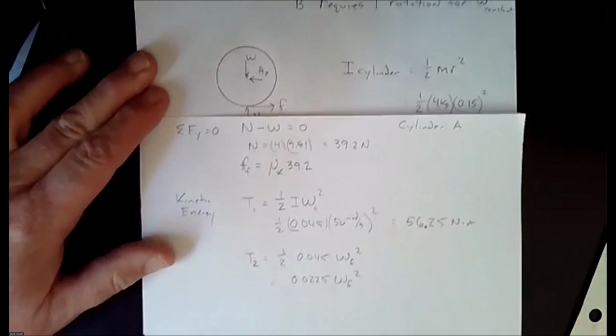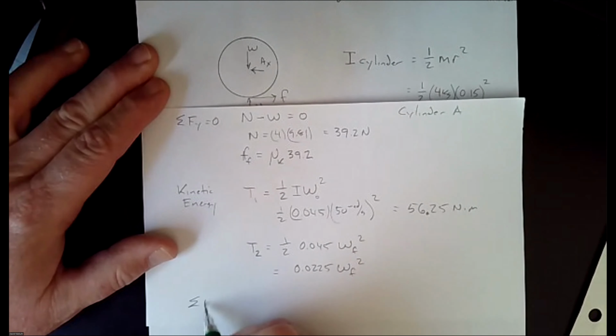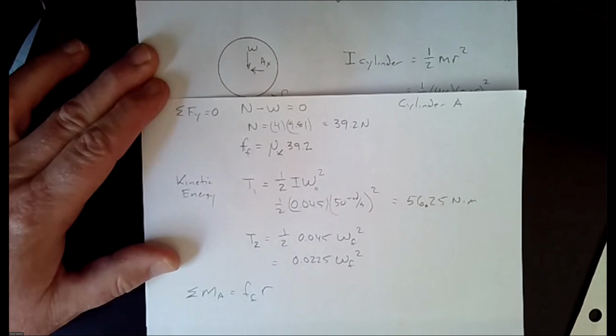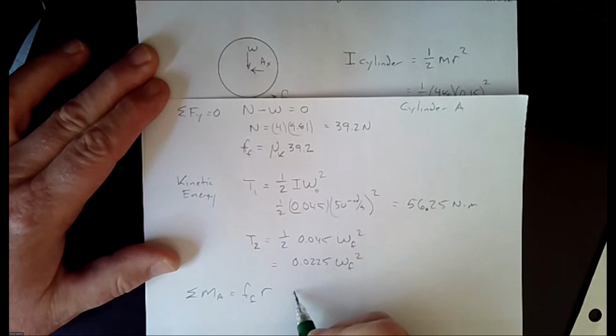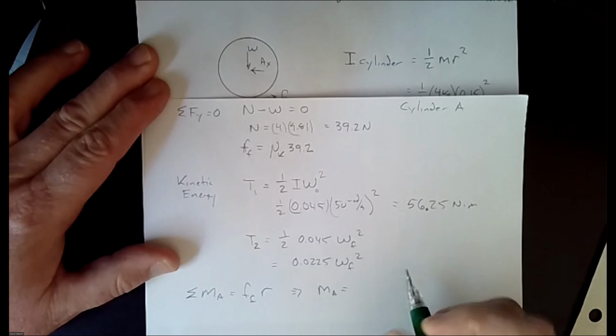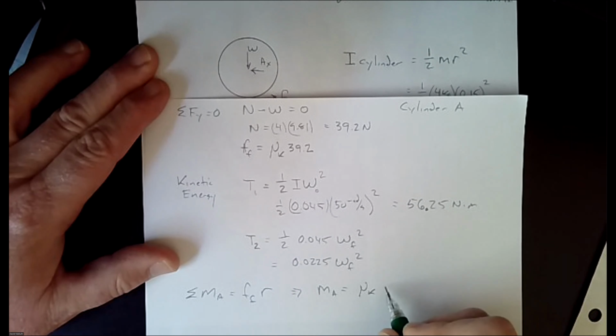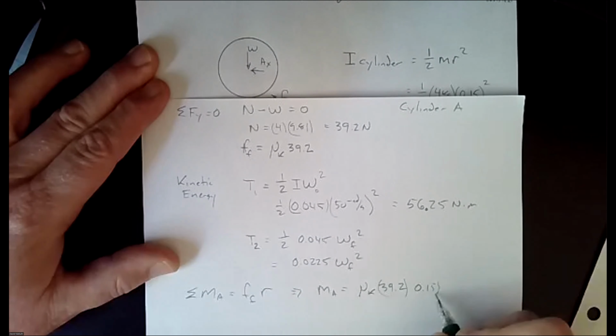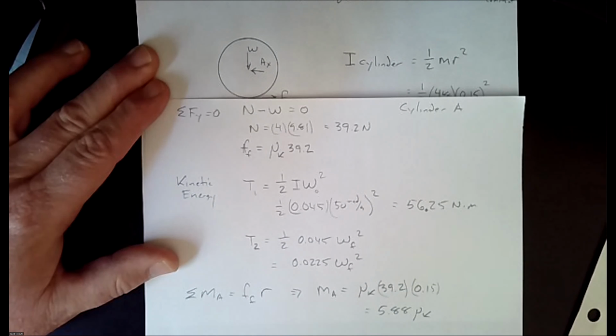So with that, we're going to say the sum of the moments about A equals the friction force times R, which we can write as the moment about A equals mu k times 39.2, because that's my friction force, times the radius of 0.15. So this gives me a value of 5.88 mu k.